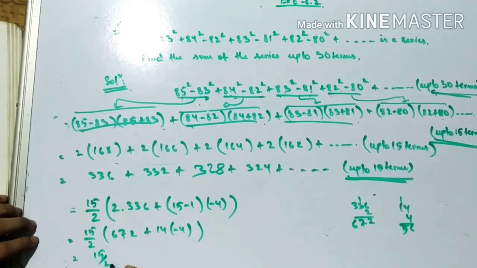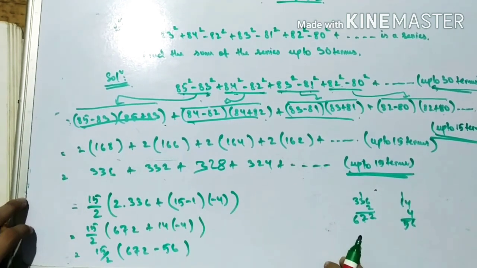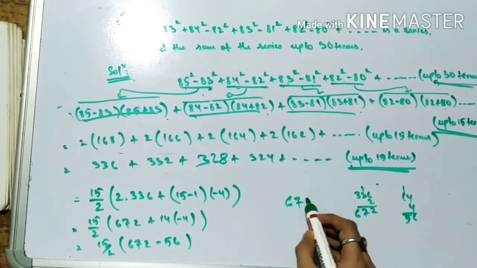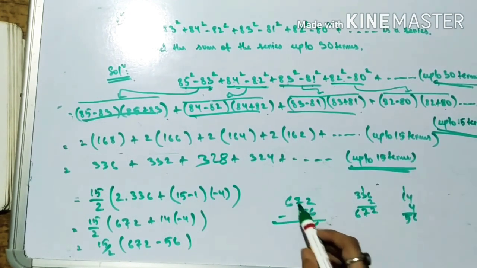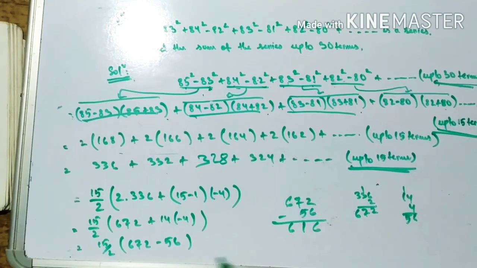So this is equal to 15 by 2 into (672 minus 56). 672 minus 56, I get 616. So it is equal to 15 by 2 into 616.